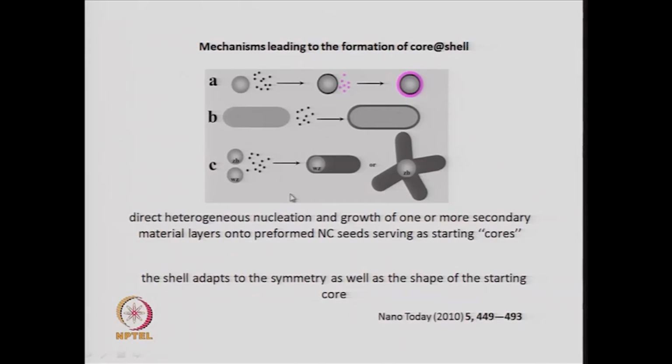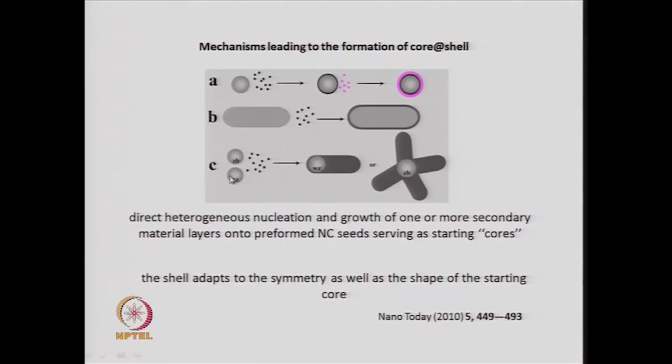Then suppose you have this example of zinc sulphide. If you have zinc sulphide in the wurtzite structure or zinc sulphide in the zinc blende structure, since the two structures are different, the shell will form in a different manner.